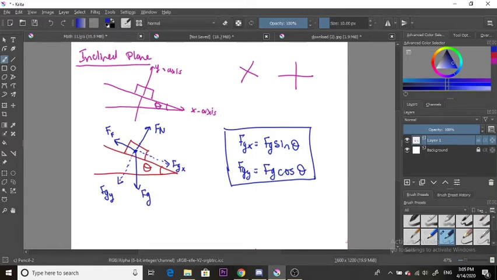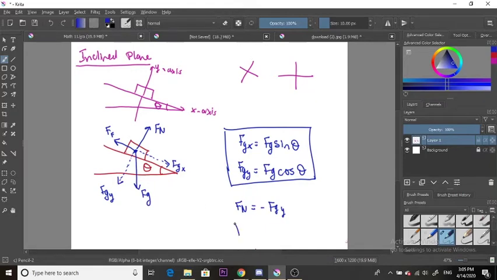Now, to find these two components, we're going to use the FGX and the FGY. So, if we look at our normal force, the opposite force is our force of gravity along the y-axis, but it's the opposite direction. So your normal force is equal to your negative FGY.